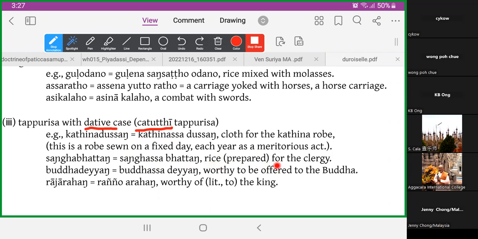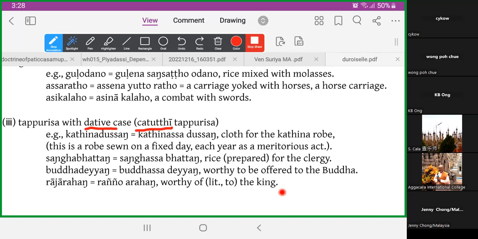Rice prepared for the clergy. Okay. Buddhassa deyyam. Worthy to be offered to the Buddha. Rañño araham. Worthy of, literally means, to the king. The king.